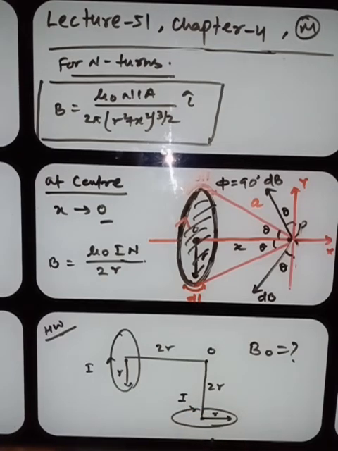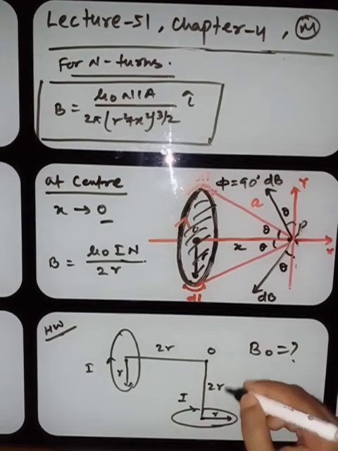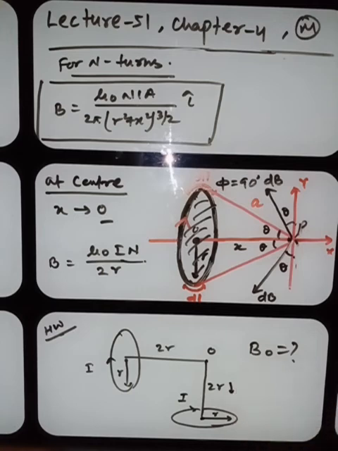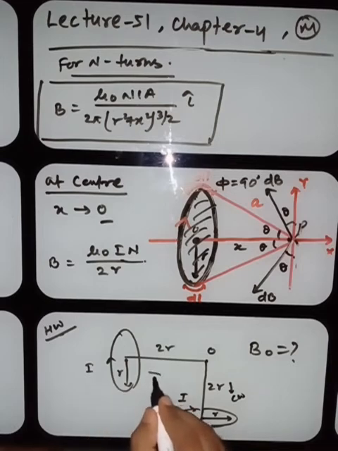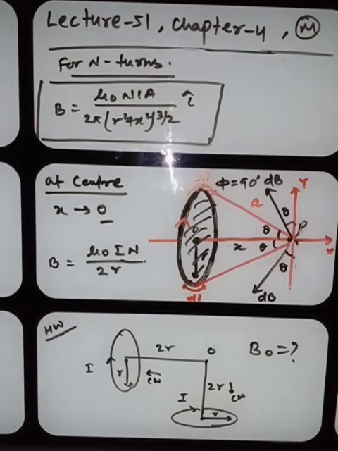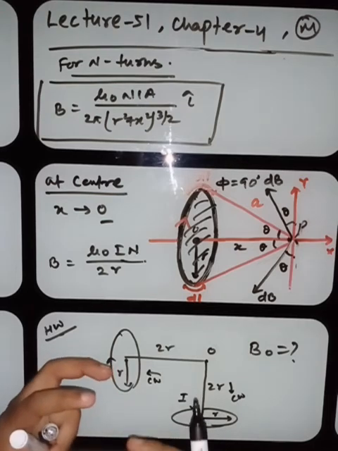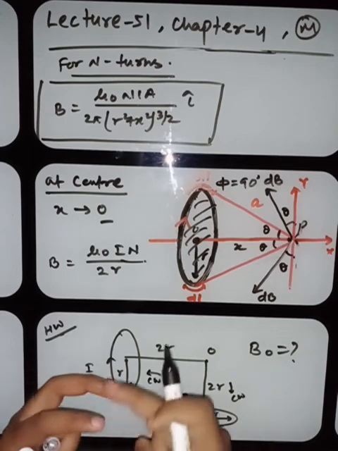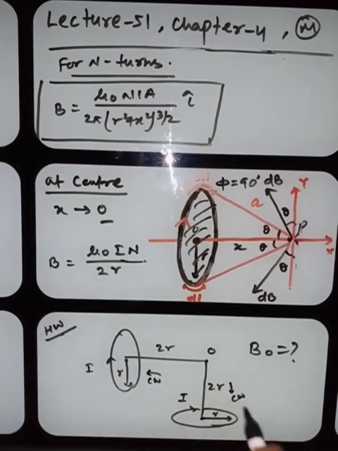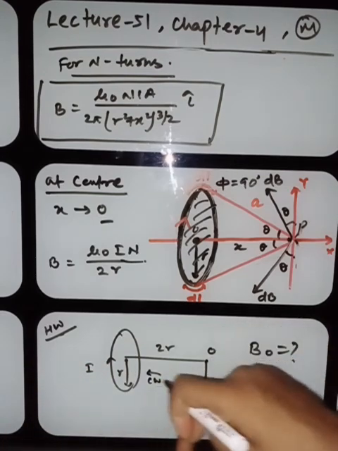Let me tell you the direction of current. Be careful over here. If you are looking from above, the current is clockwise. Now in this, if you are looking from here, you will see the current is clockwise. Because it is very difficult in this three-dimensional figure, that's why I have told you: if you see the conductor from here it is clockwise, and for this one, if you are looking from here, it is clockwise.